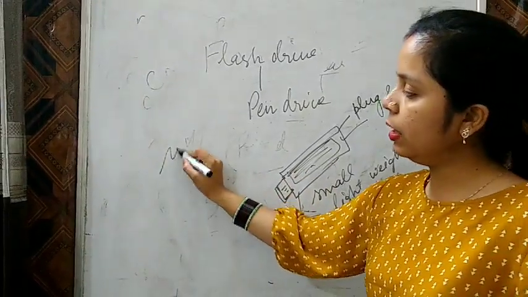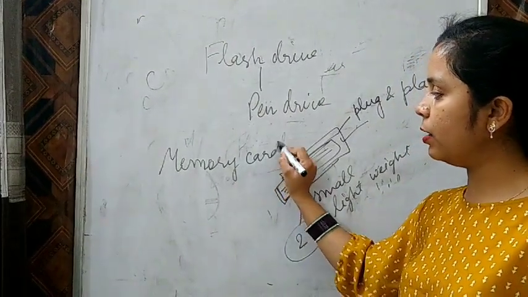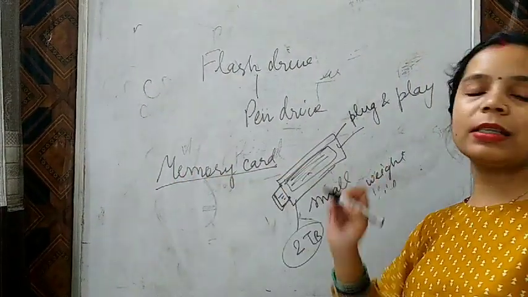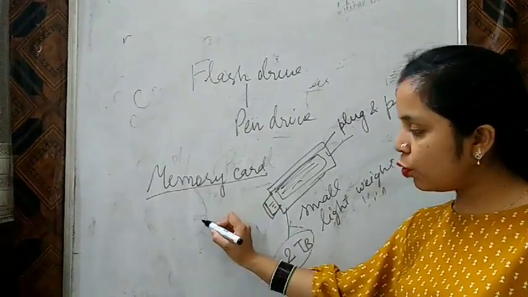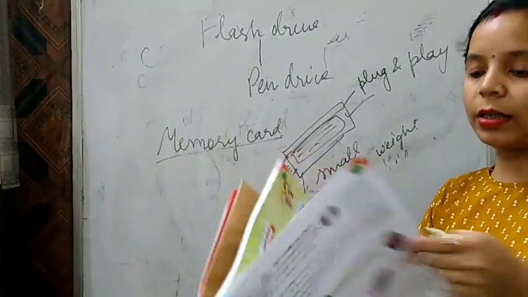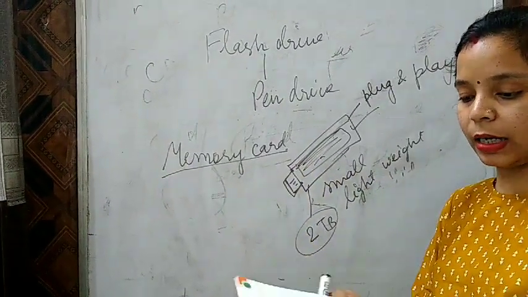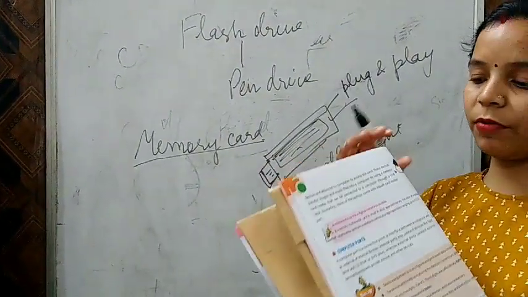Now the next secondary storage device is your memory card. What is this memory card? You might have seen this memory card in mobile phones. It is used for storing data. In a mobile phone you store pictures, videos and everything.